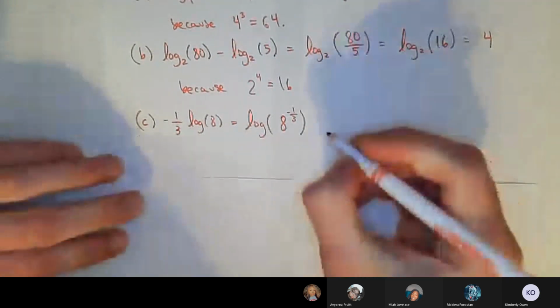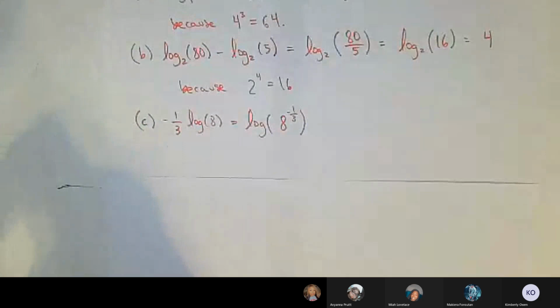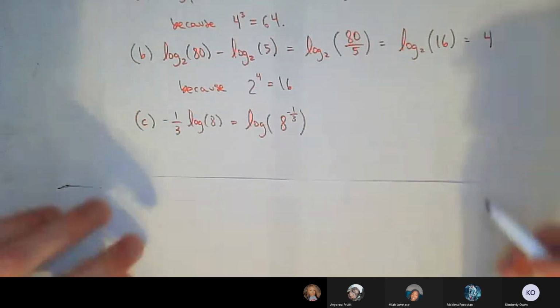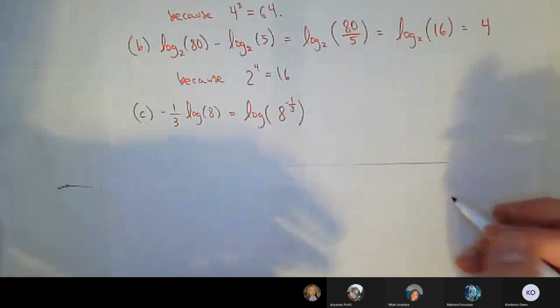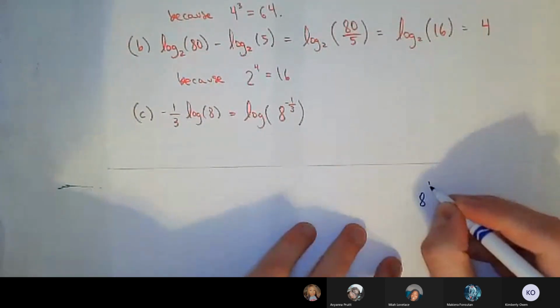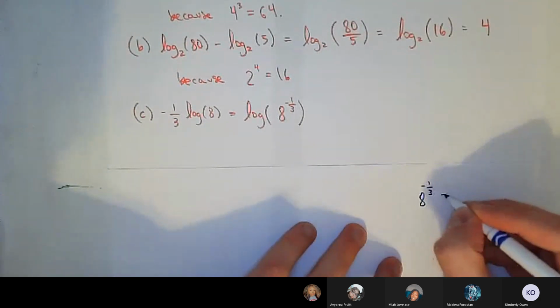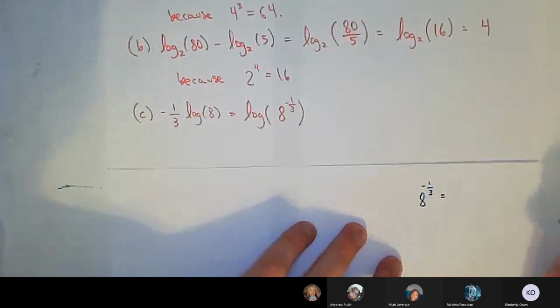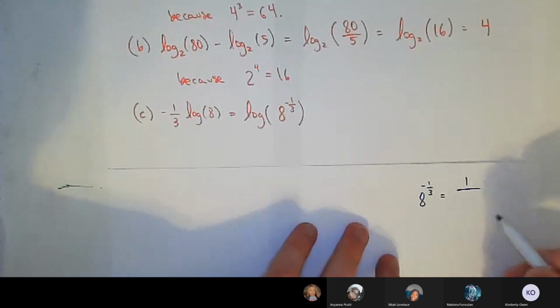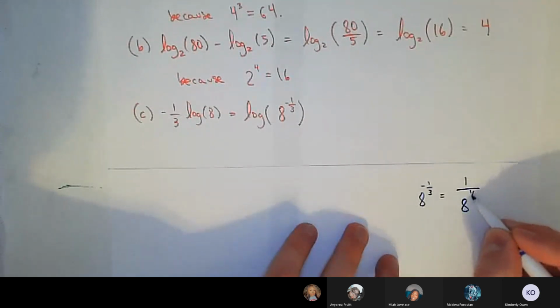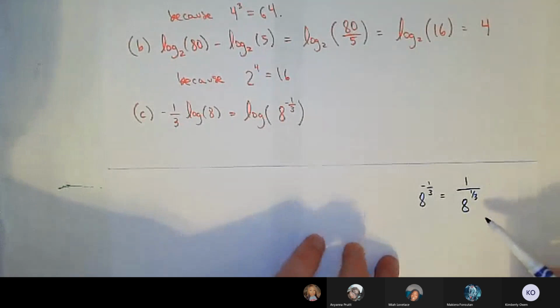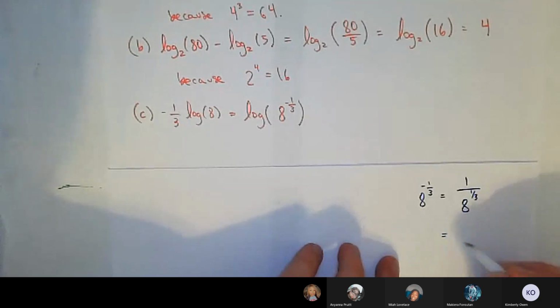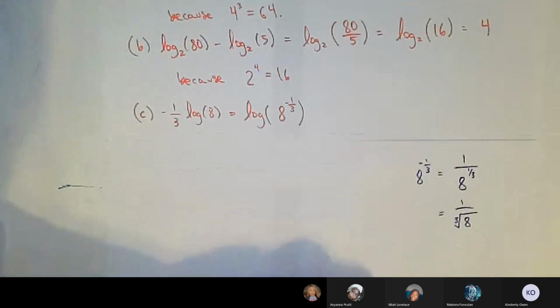But remember that all this means, well, do this off on the side. Do some side work, maybe over here. 8 to the -1/3 is the same as, first of all, what does the negative do? Well, the negative makes it flip to the bottom, like this. 1/8 to the 1/3. And what does a 1/3 exponent mean? Well, that's a cube root. So that's what that means.